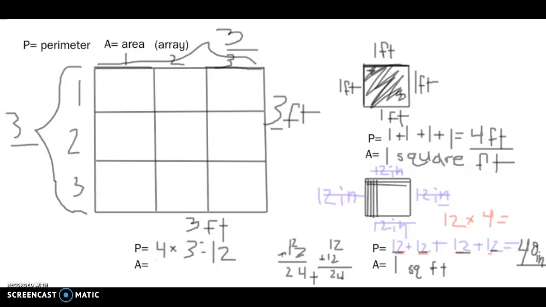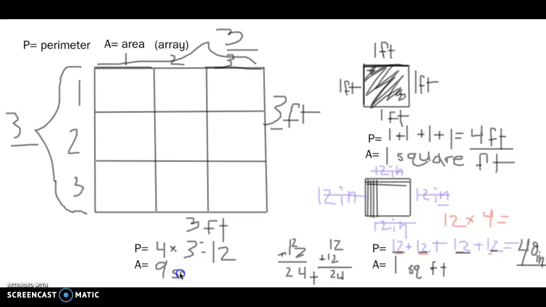Awesome. Now we need to look at the area, the inside. Area is how many squares fill up our shape? I could count like this. 1, 2, 3, 4, 5, 6, 7, 8, 9. And I could say 9. What would my label be?